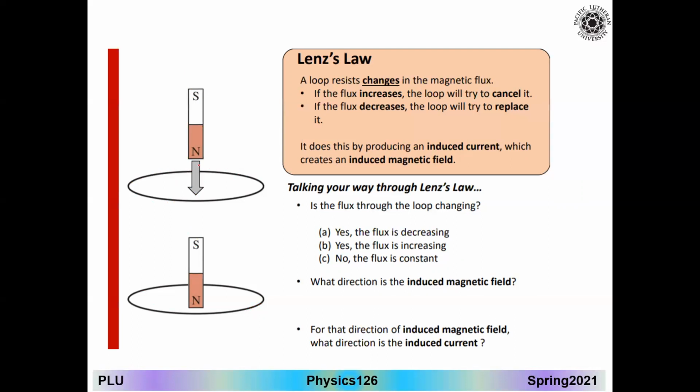So let's draw the magnetic field lines that go out from the North Pole. They will point out in those directions, outside of the north pole. That is the direction of the magnetic field.